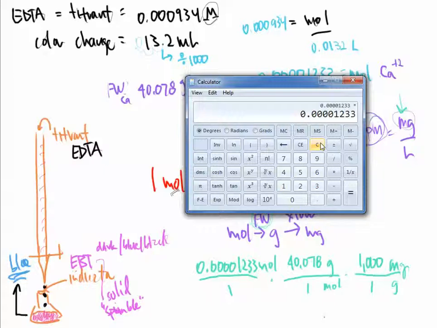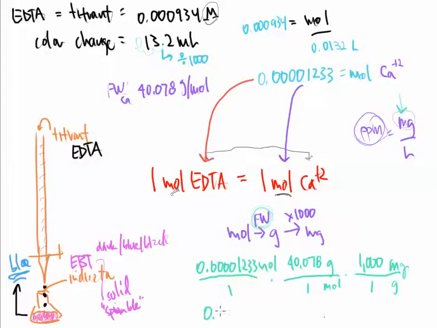Then I'm going to multiply by 40.078. And then I'm going to multiply by 1,000. And I'm going to end up getting 0.494 milligrams of calcium.